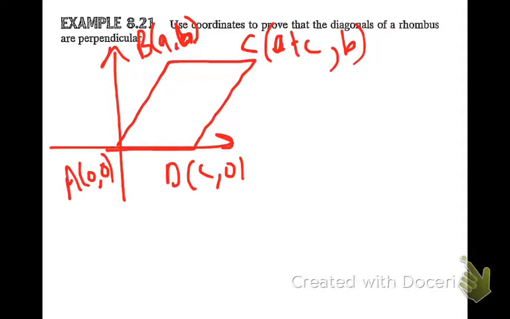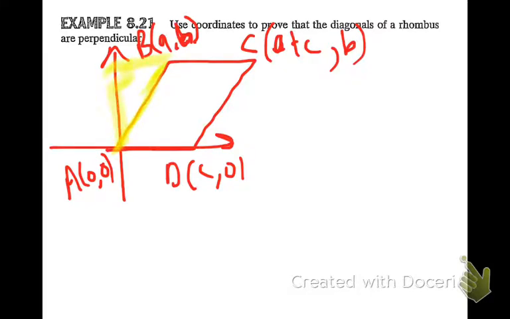Now there are two things I'm going to use here: the Pythagorean theorem and perpendicular slopes. The first thing is this makes a triangle here, from here to here to there. That's a right triangle.